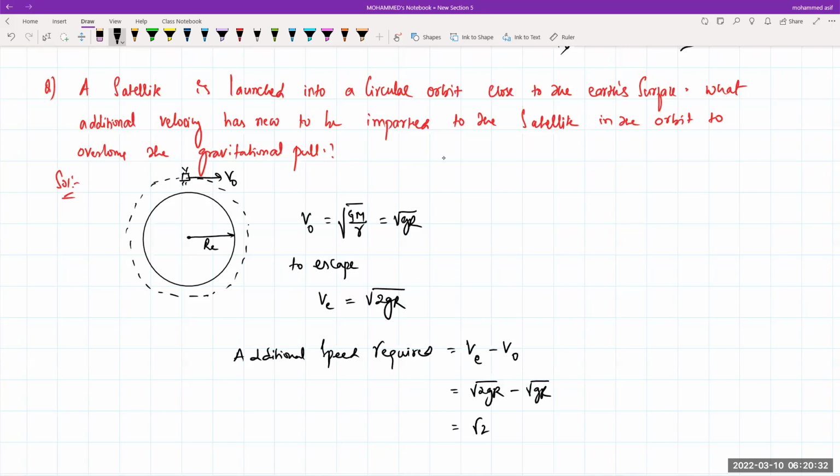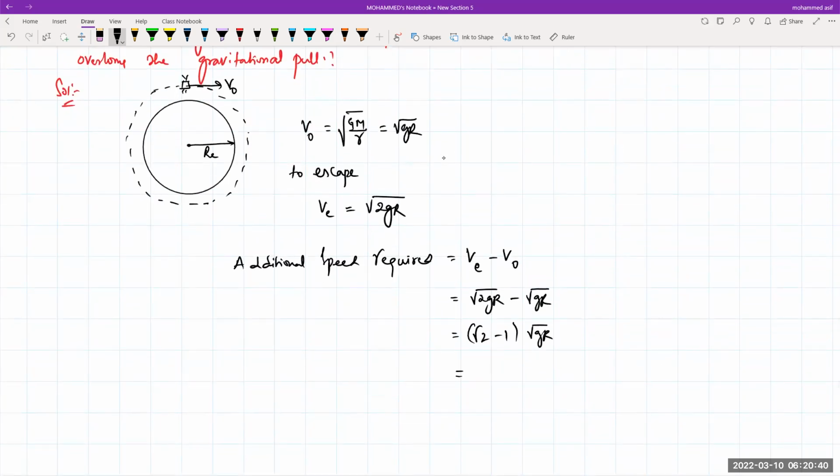So this will be equal to root 2 minus 1 into root of g into r, common came out, isn't it? What is the value of root 2, son? 1.414 minus 1 into root of g into capital R, meaning orbital velocity. Subtracting from 1.414, that will be equal to 0.414. What is the orbital velocity, son? 8 kilometers per second. So if I take this point here, this will become for me 0.414 into 8 kilometers per second.